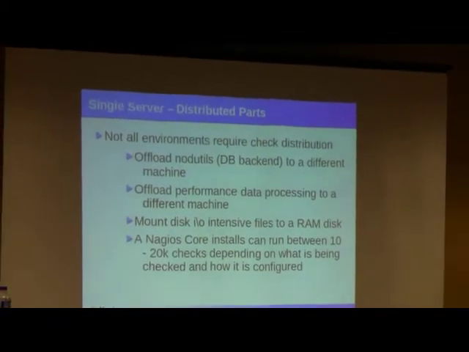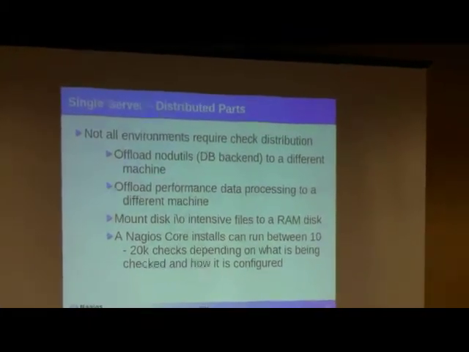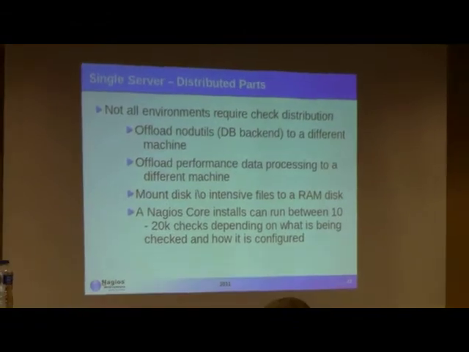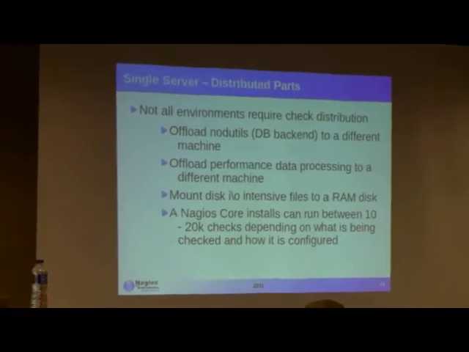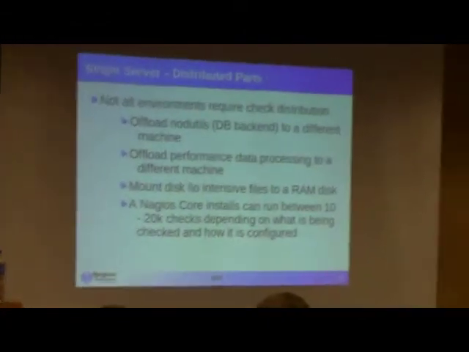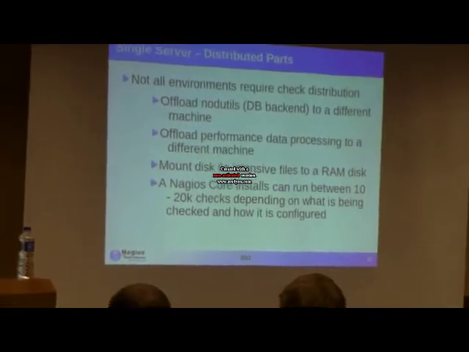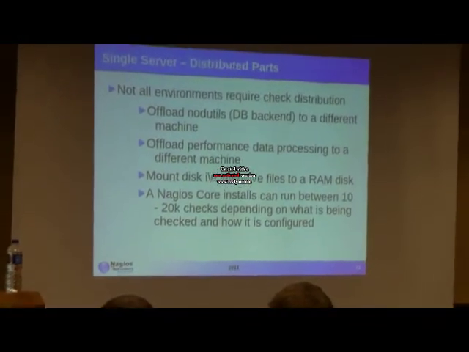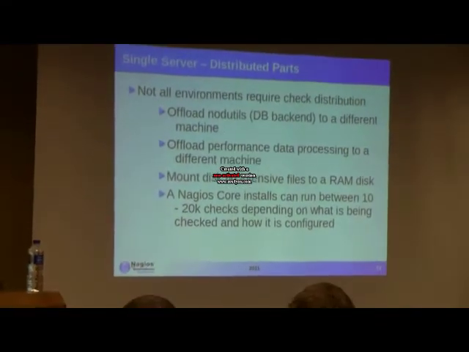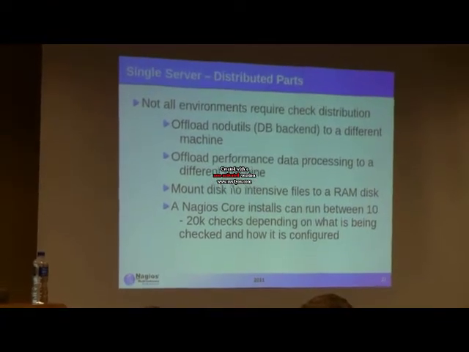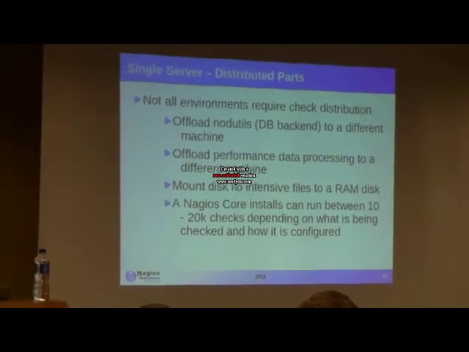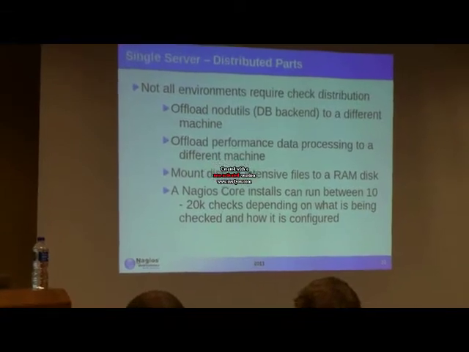So, not all environments require check distribution. Sometimes you can get by with a single server if you just offload aspects of your environment. So one thing, like if you're using NDO utils as a database backend, and we've documented this for XI as well, just having your database offloaded to another server where it's fetching the data from can make a big difference.